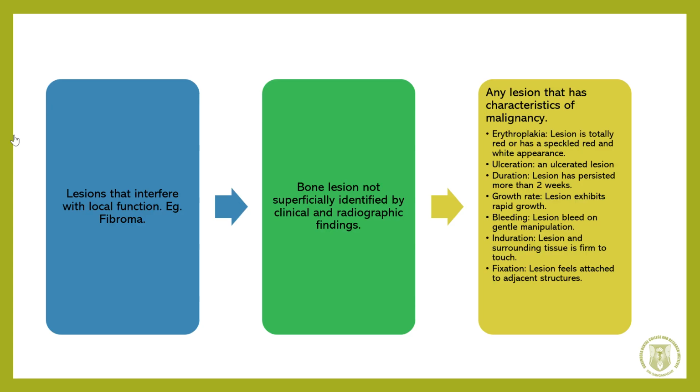Any lesion that has characteristics of malignancy, like erythroplakia, ulceration, persistence for more than 2 weeks, very rapid growth, bleeding even with gentle manipulation, an indurated lesion which is hard or firm when you touch compared to the surrounding, or a lesion fixed to the underlying or adjacent structures, is also an ideal choice to be biopsied.